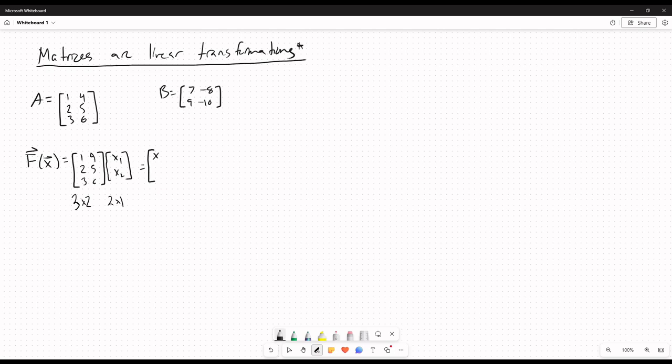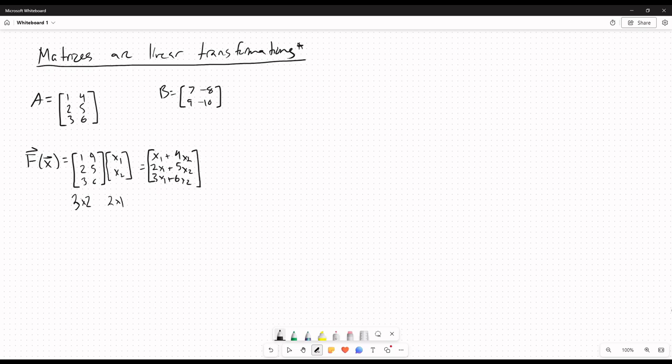x1 plus 4x2. Then we're going to have 2x1 plus 5x2. Then we'll have 3x1 plus 6x2.